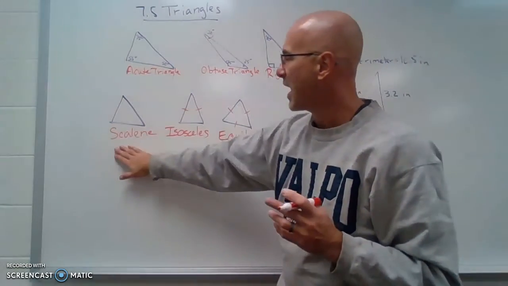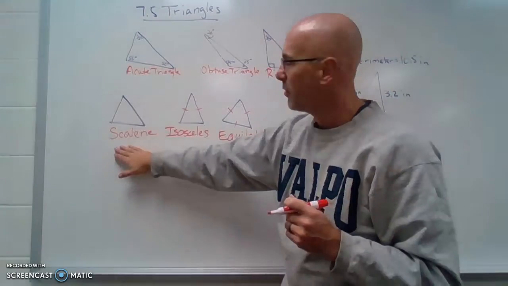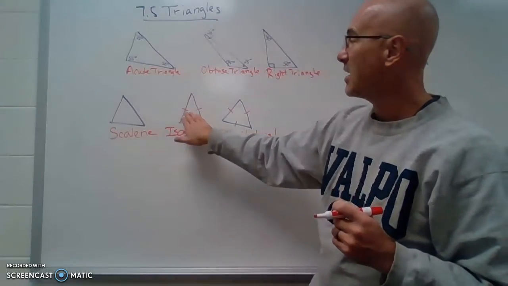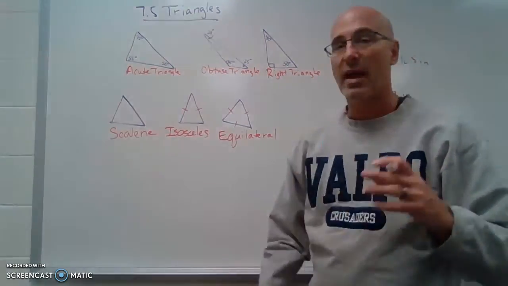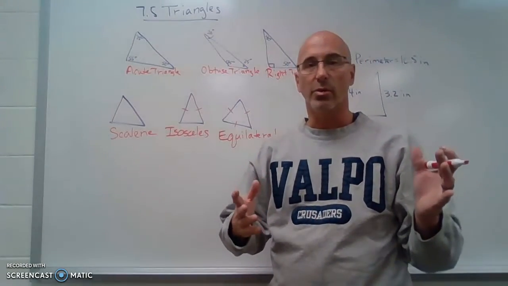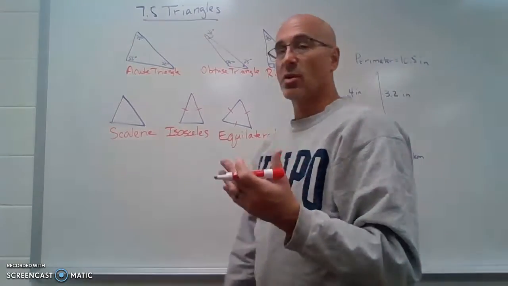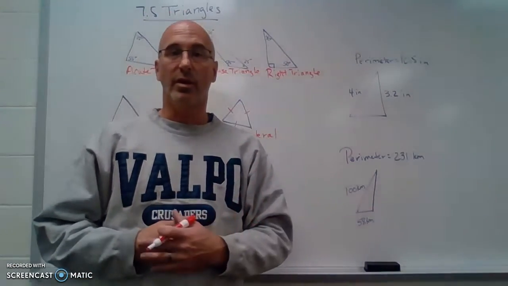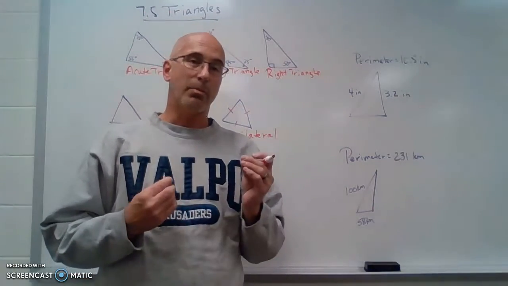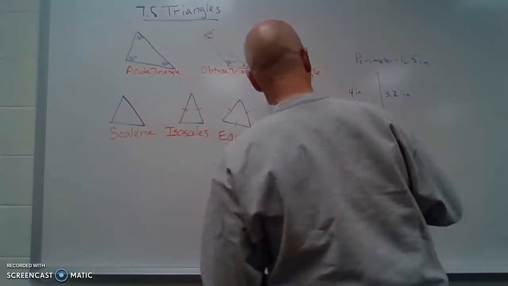Okay. So while naming them by the angles makes pretty much sense, naming them by the sides may not. Scalene has no sides congruent. Isosceles has at least 2 of the sides congruent. Equilateral has all 3 sides congruent. So now let's review a term that you probably learned in a previous course. That is perimeter.